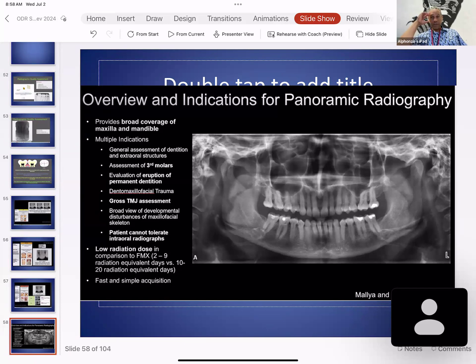It allows you to assess the third molars, trauma, gross TMJ assessment. And the old style pan units, or even the pan unit we have here at the clinic, allow you to take an open and a closed view of the TMJ, and you can evaluate the spacing and get an idea of what's going on with the joint.